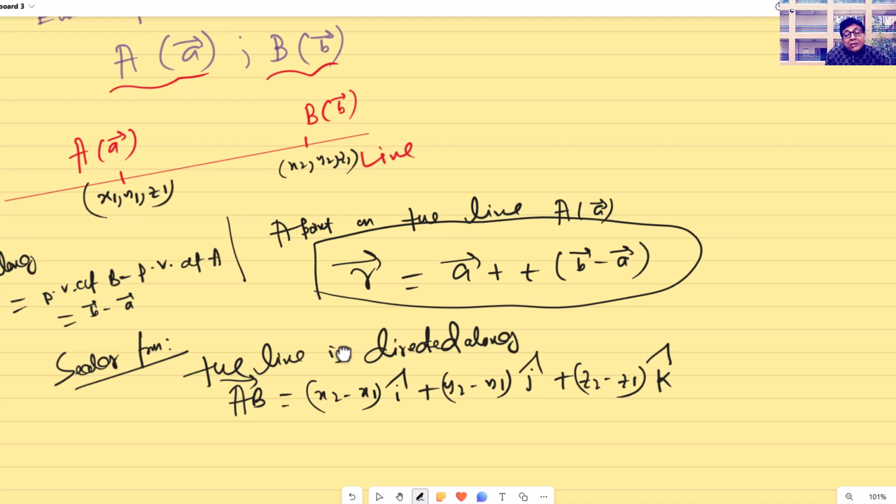So that scalar form, that vector form, more elaborately if you want to write, it is going to be r equal to A. A means what? x1 i, y1 j, z1 k. And t into AB vector, that B minus A is what? That is position vector of B minus position vector of A, which is AB.